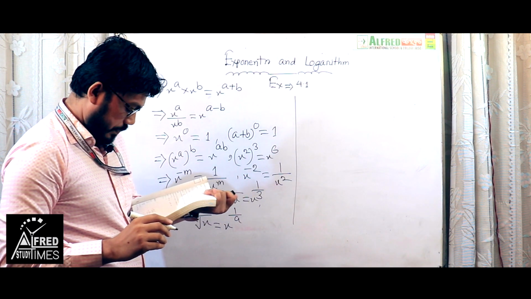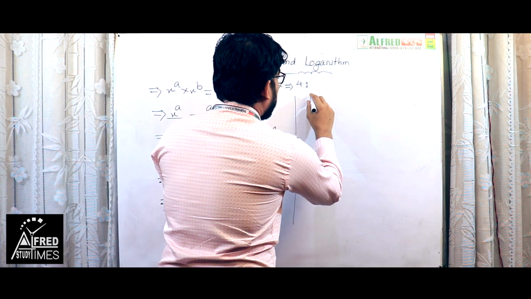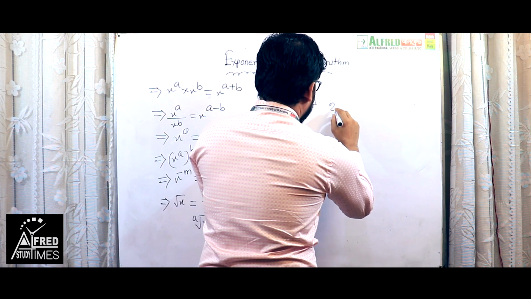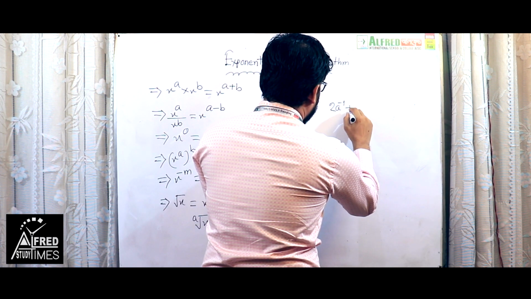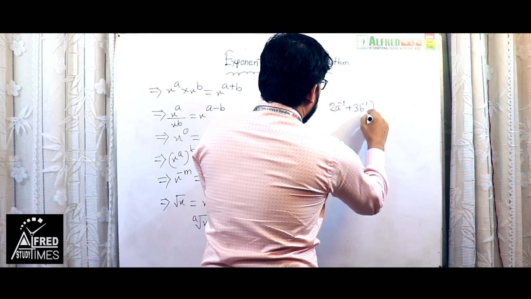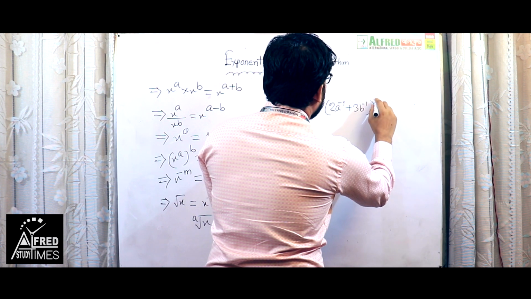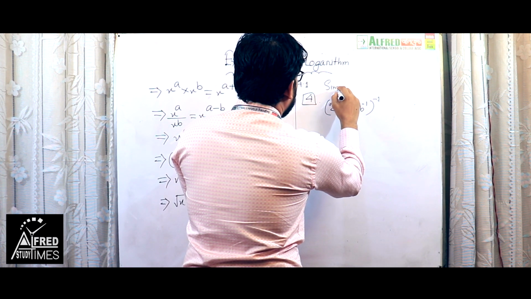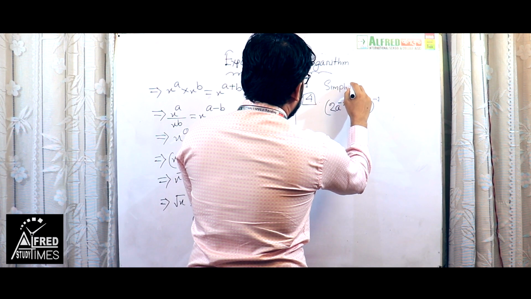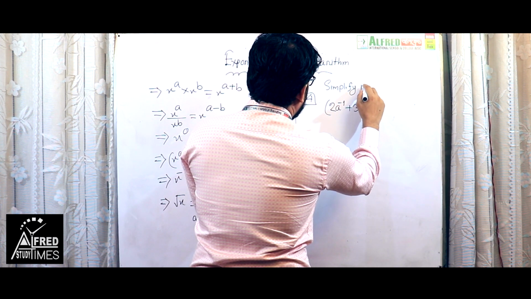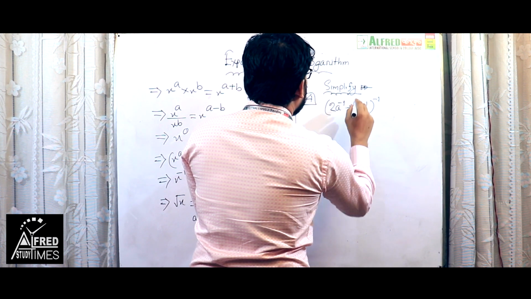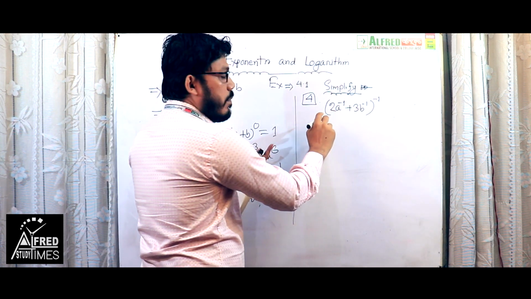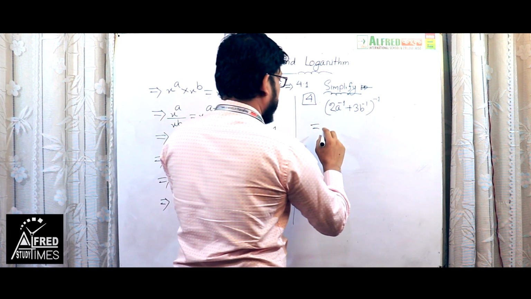Exercise 4.1. I am going to solve question number 4. Simplify: (2a inverse plus 3b inverse) whole inverse 1.